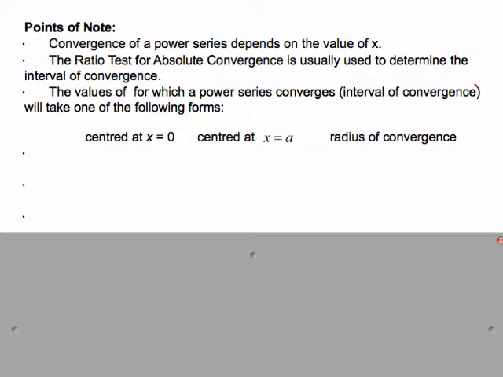The third point is something new that I haven't specifically talked about, and that's that the interval of convergence will take one of three forms. If your center point for your power series is x equals 0, then your interval of convergence can be just that point itself, x equals 0. It can be an interval an equal distance on both sides of your center point, from negative r to r, or it can be all real numbers.